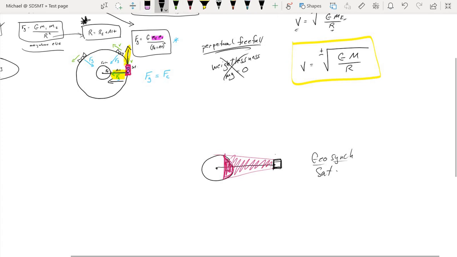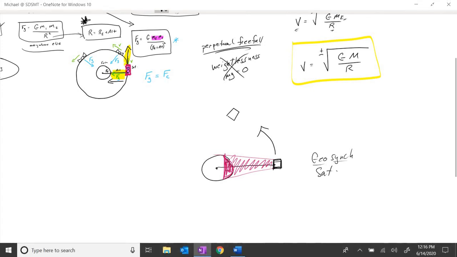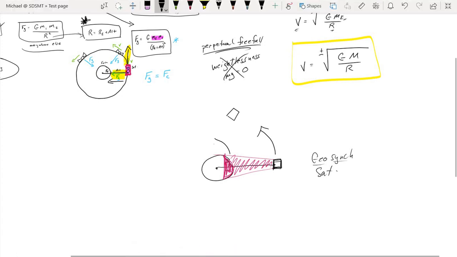Now, if that satellite were moving too fast, eventually the satellite would carry itself outside of that line of sight, and we would no longer be able to pick up the signal that the satellite is sending. If the satellite was moving too slow, then the Earth would spin out of range, and we would no longer be able to receive the signal from the satellite.